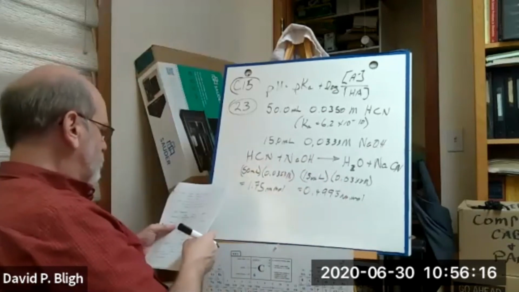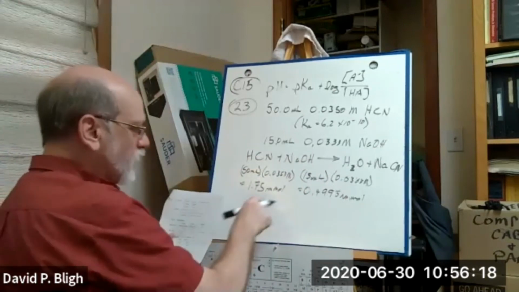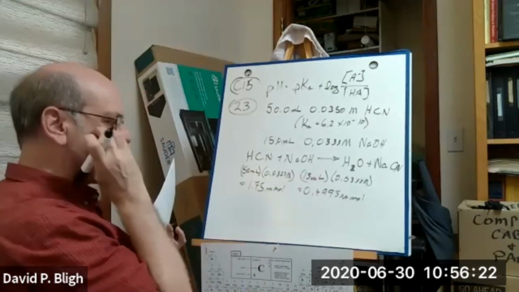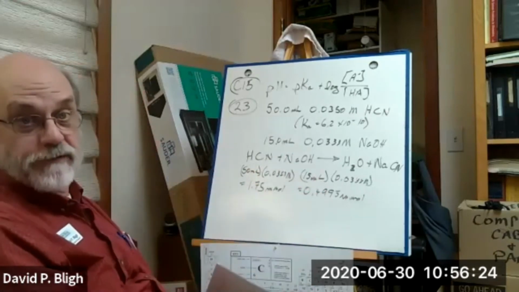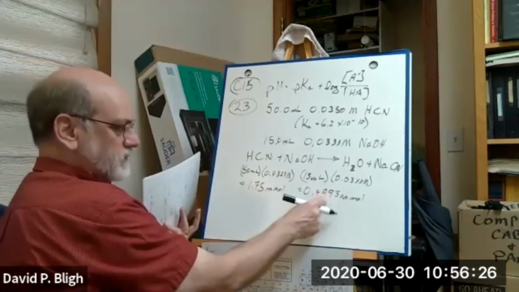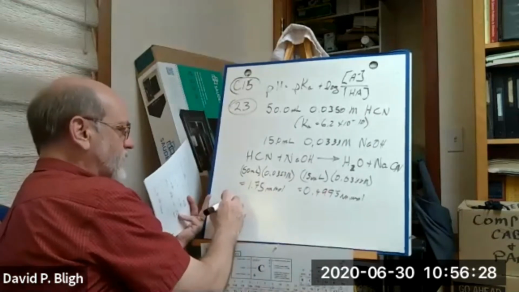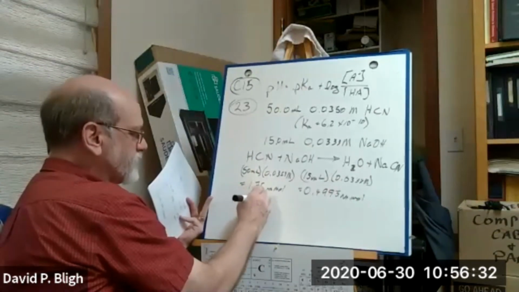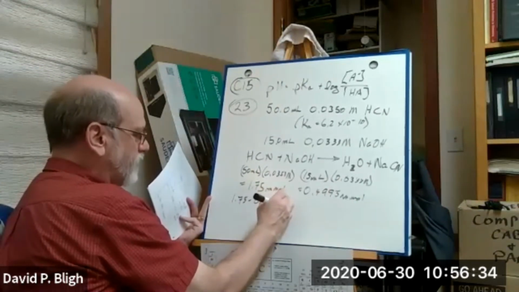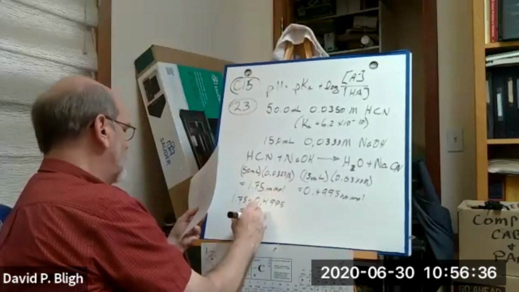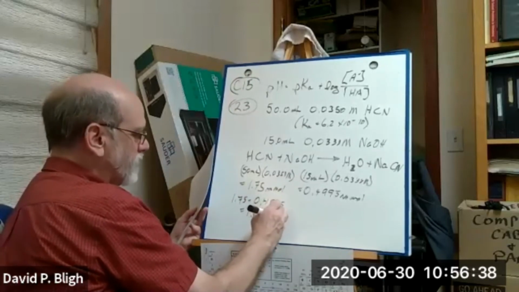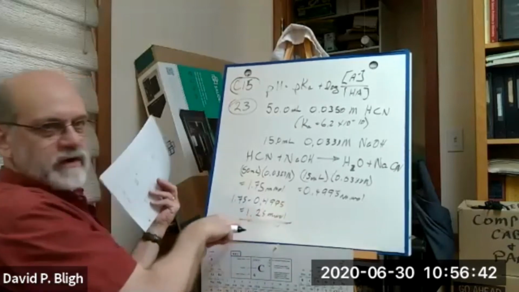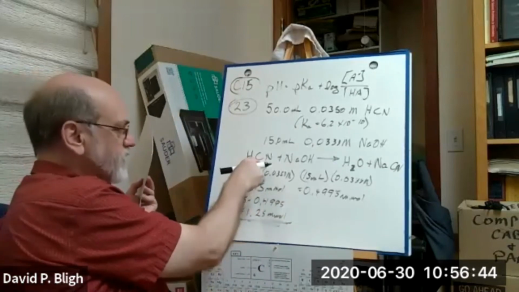After the reaction, we have used up all of this, right? Stoichiometry, which one runs out first? That one runs out first. So for this concentration, we have 1.75 minus 0.4995, which is equal to 1.25 millimoles.